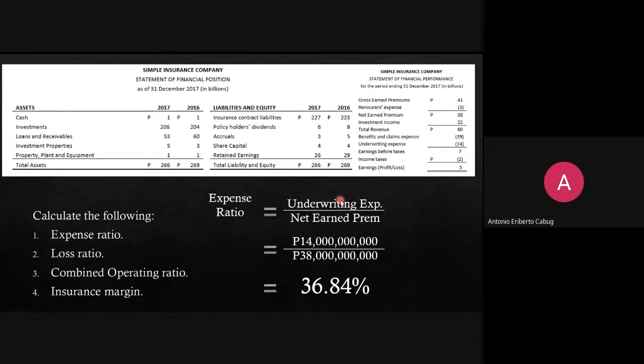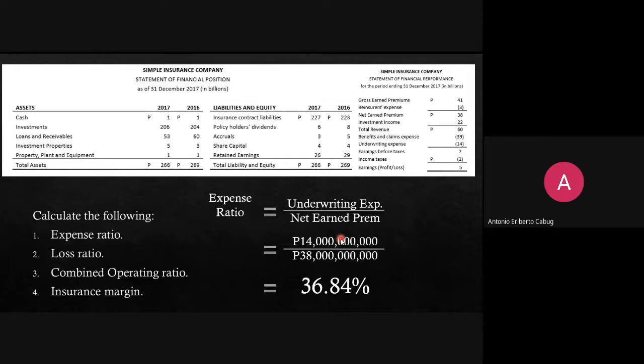Underwriting expenses divided by the net earned premium. Usually, the medical checkup will be shouldered by the insurance company. So that would be underwriting expense divided by the net earned premium, 14 billion divided by 38 billion.